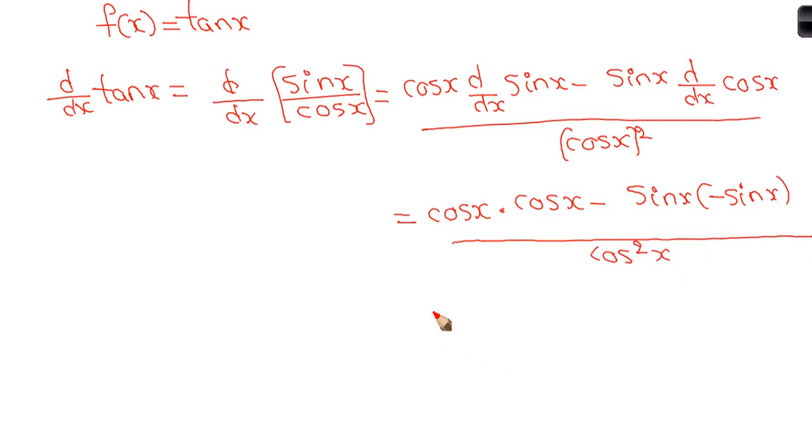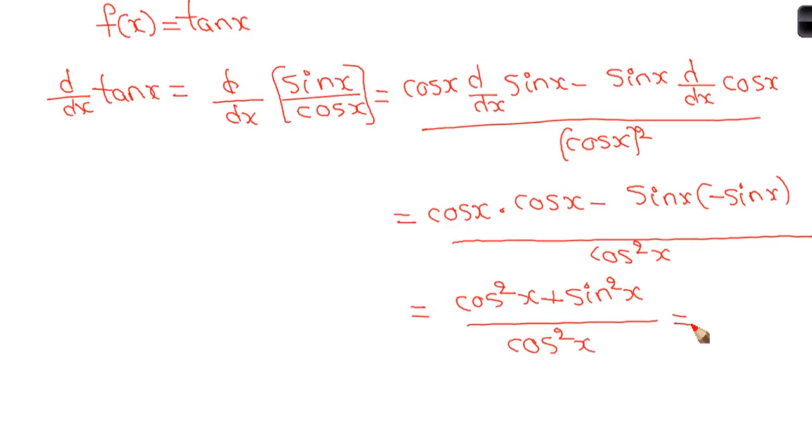So from this we get cos square x plus sin square x divided by cos square x. Cos square x plus sin square x is 1, so 1 by cos square x is secant square x. So the derivative of tan x is secant square x.